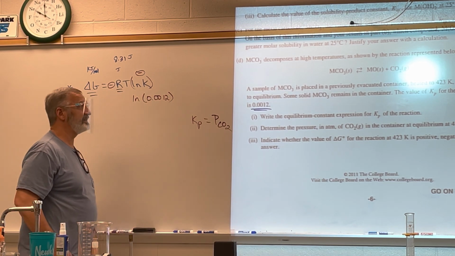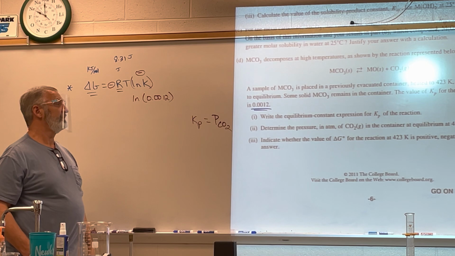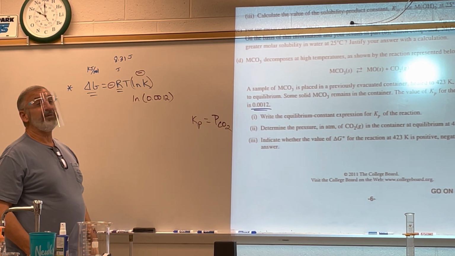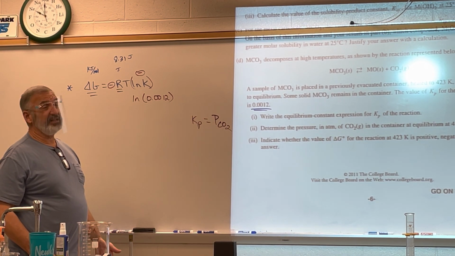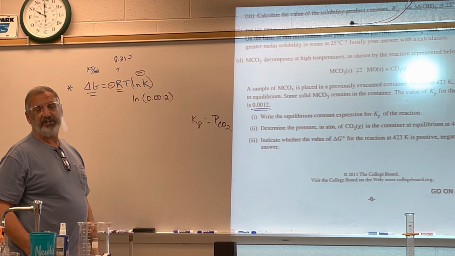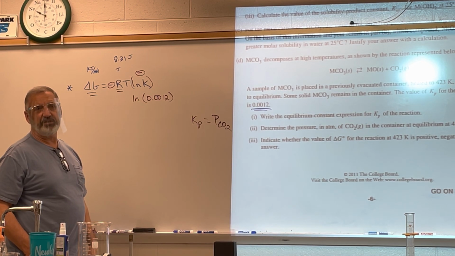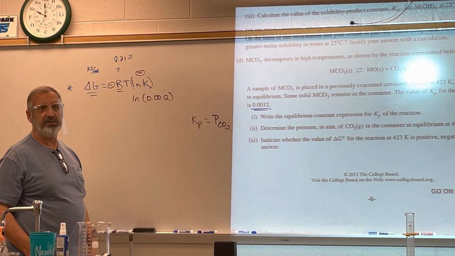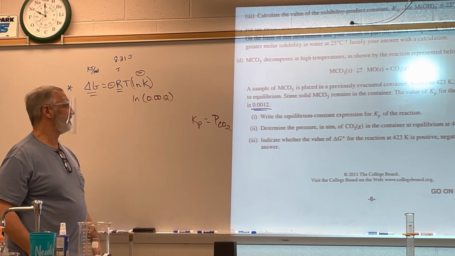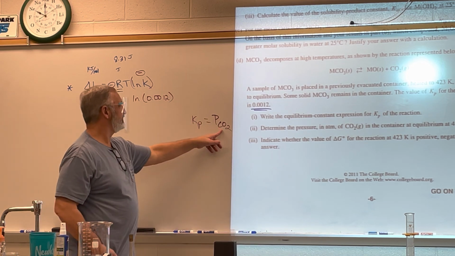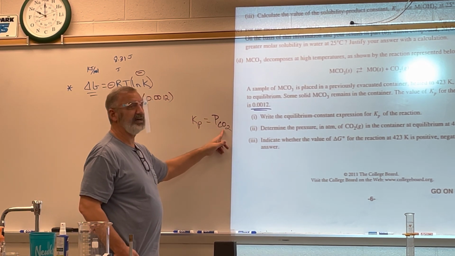No, you don't have to use ideal gas law. Okay, that would be my first instinct is to use it, but then she just went through and said, well, there is no moles or liters or anything, so you got to go to plan B. Okay, well, how else can I find it? All right, well, Kp is equal to this, so therefore, if I know Kp, I know that.